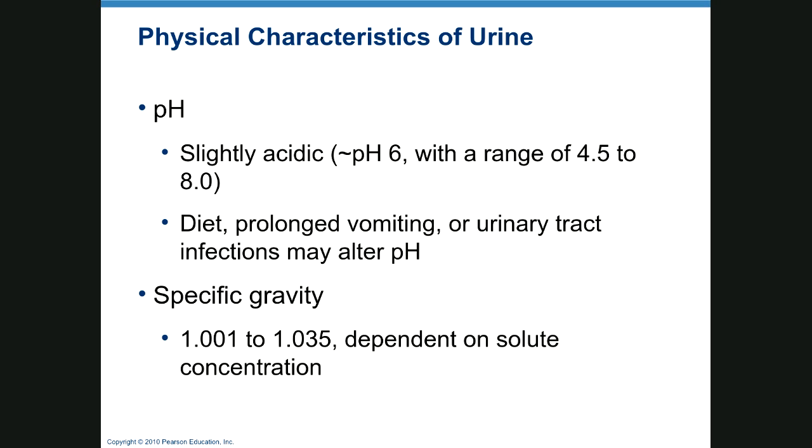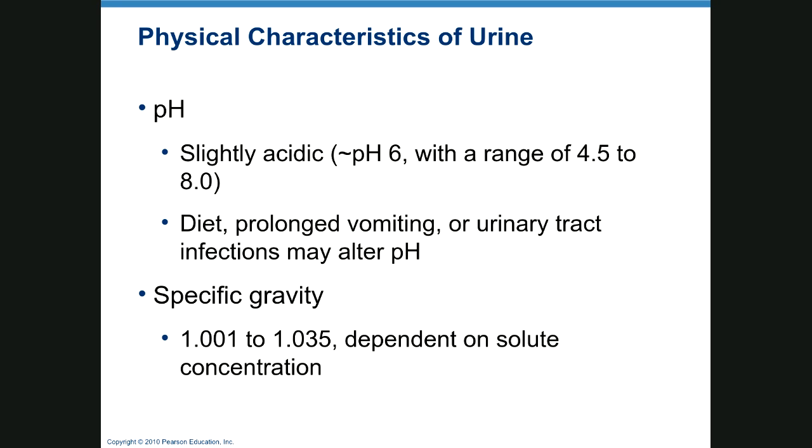The pH, slightly acidic, about 6. It can range from 4.5 to 8. Different things can alter the pH. Diet, vomiting. If you vomit too much, you throw up all your acid, so you're going to have to retain some acid back, so you may have a more alkaline urine.